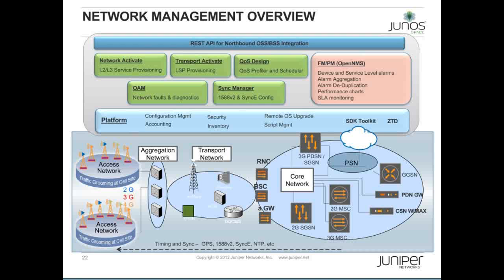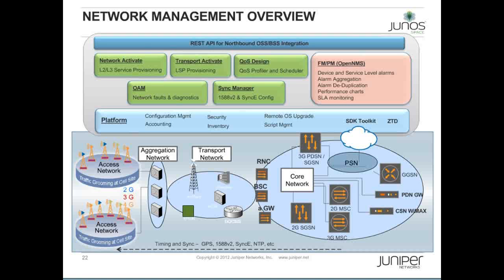Zero-touch deployment is supported on ACX devices that allows the operator to roll out tens of thousands of these devices without having to pre-configure them at the warehouse or having to send a qualified technician to the cell site or to the street cabinet where these are being deployed.